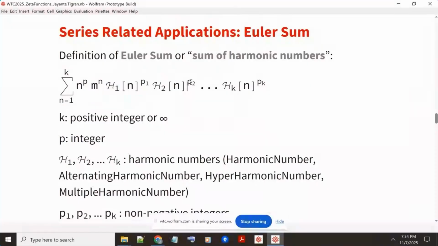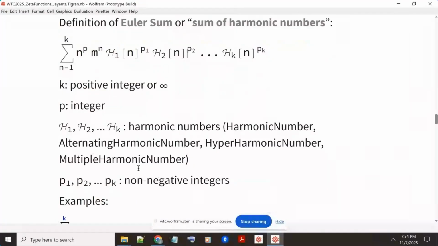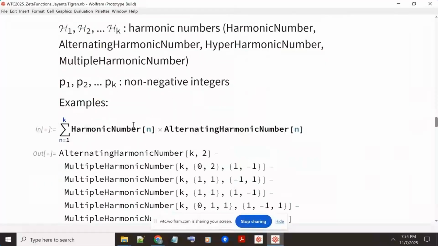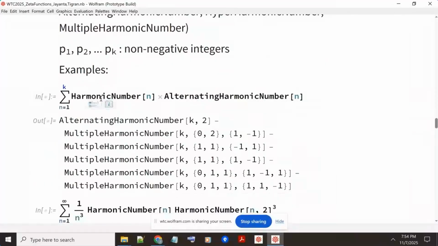These H can be any harmonic numbers like harmonic number, alternating harmonic number, hyperharmonic number, multiple harmonic number, and so on. Let us look at some examples. For example, here, as you can see, we have harmonic number and alternating harmonic number, and it is a finite sum. So we get answers in terms of multiple harmonic number. And usually these are pretty fast unless the exponents are large and so on.